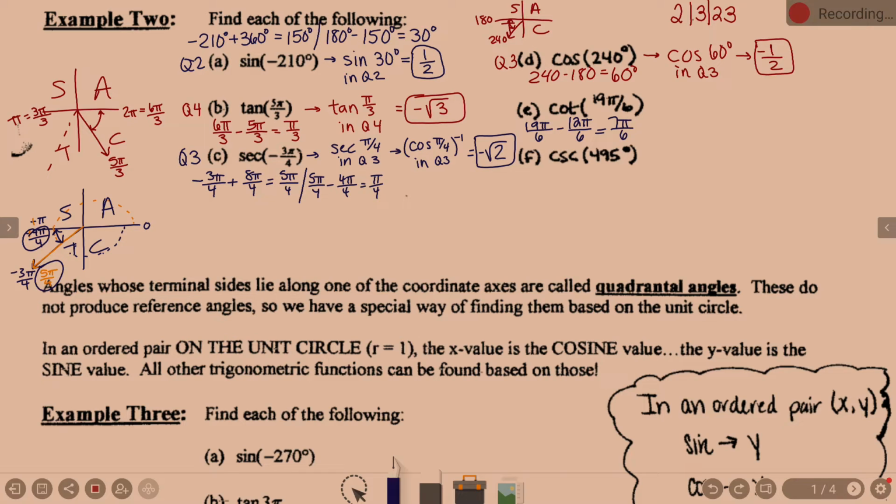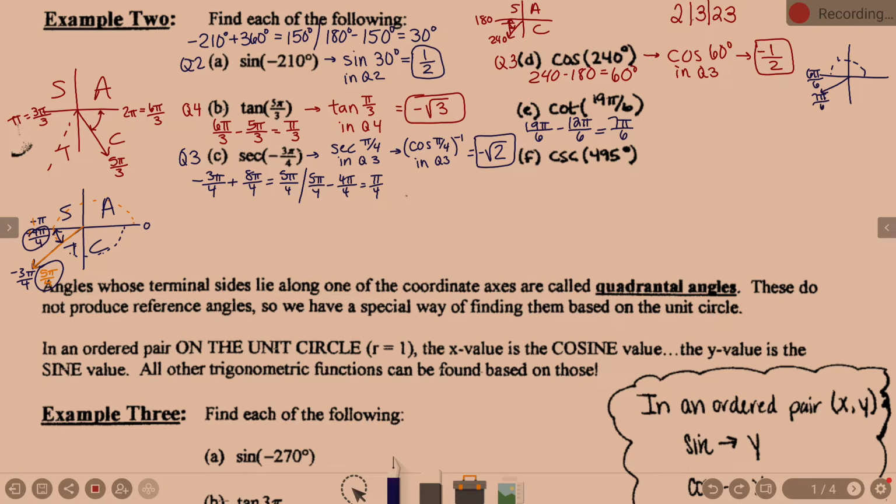It's a smidge bigger than pi, which is 6 pi over 6, right? So if it's a smidge bigger than 6 pi over 6, then that puts it down here, yes?